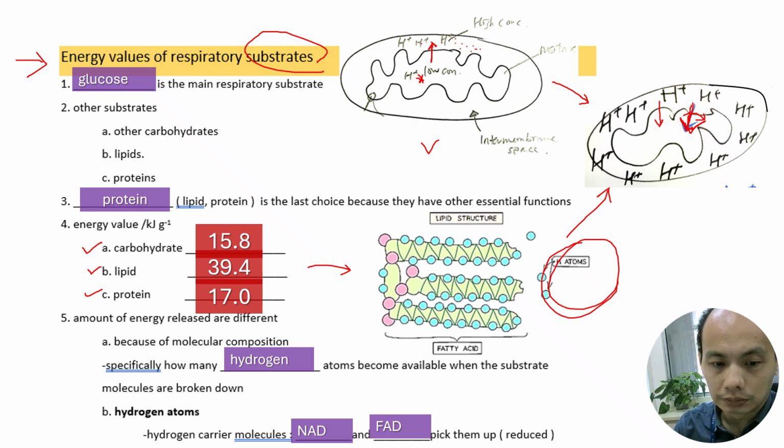So when NAD picks up hydrogen, it is called reduced NAD. Reduction involves receiving hydrogen, right? So when NAD receives hydrogen, it is being reduced. Reduced NAD, so as FAD.